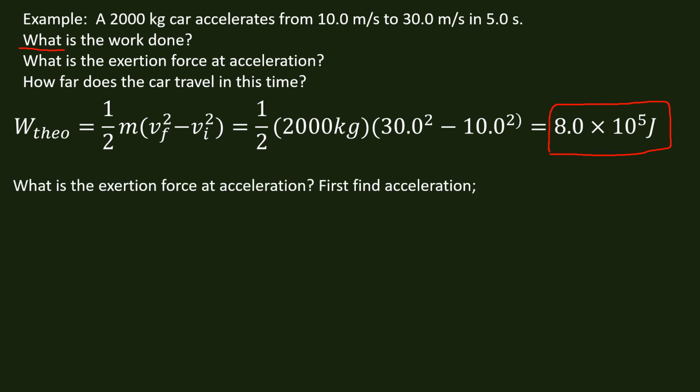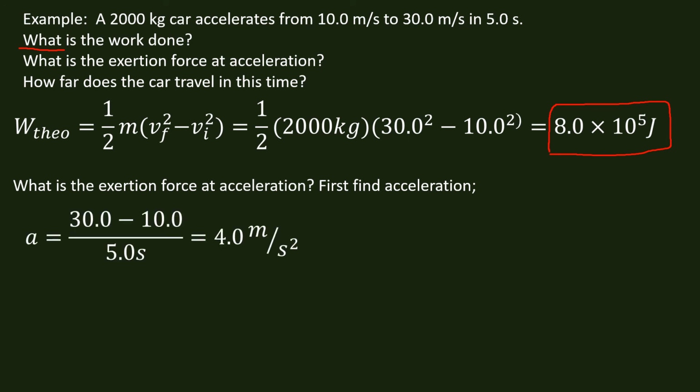What is the exertion force at acceleration? So there has to be some force to cause the acceleration. First, find the acceleration. So we can find the acceleration because we know the final velocity, the initial velocity, and we know the time frame that this happens in. Okay, and so we're able to find the acceleration.